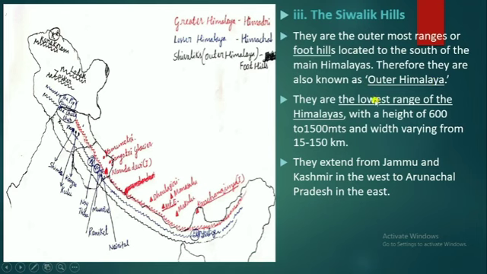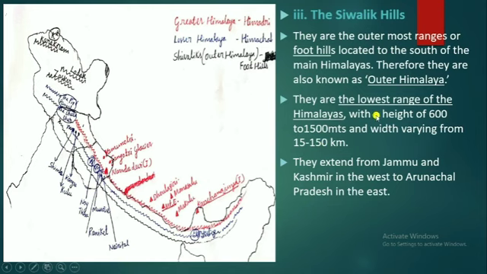Next, they are the lowest range of the Himalayas. I already told you, the Greater Himalayas are so high, the Lesser Himalayas are a little less, and the Shivaliks, the Outer Himalayas, are still less. They are the lowest range of the Himalayas with a height of 600 to 1500 meters, and width varying from 15 to 150 kilometers.